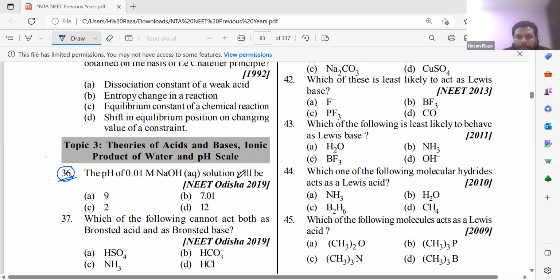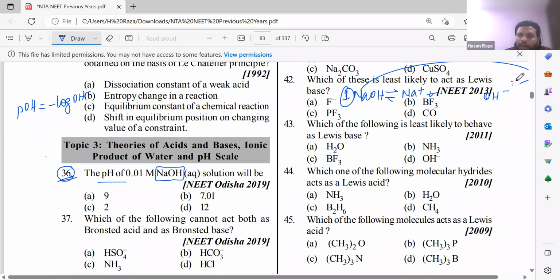First of all, we need to calculate pH and NaOH is given, from which we will get the concentration of NaOH. So I'm going to calculate the value of pOH. pOH will be equal to minus log of OH minus. And you know that if you are going to dissociate this, it will give Na plus and OH minus. 1 mole of NaOH will give 1 mole of OH minus.